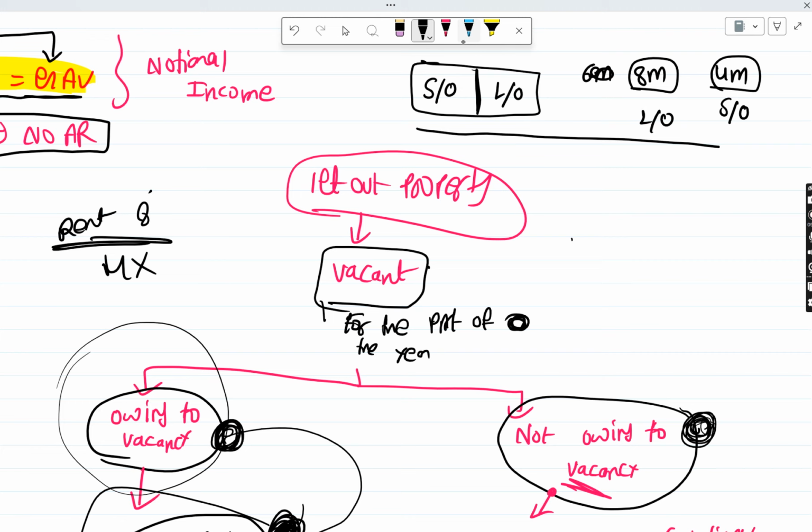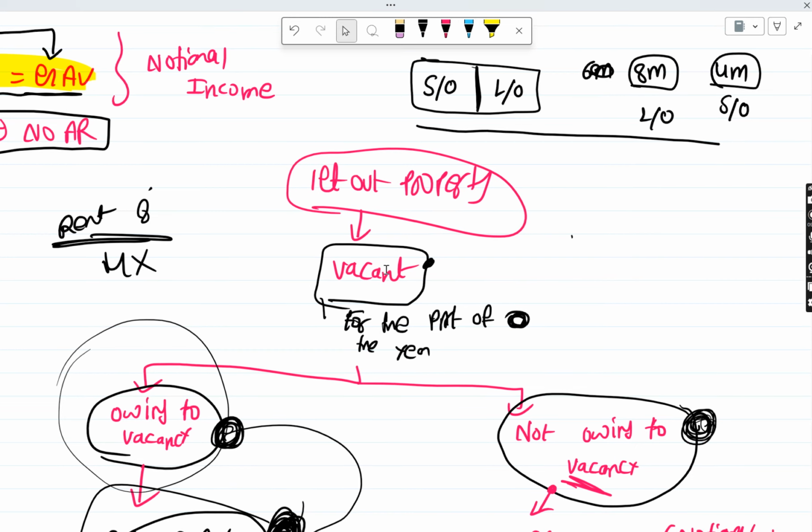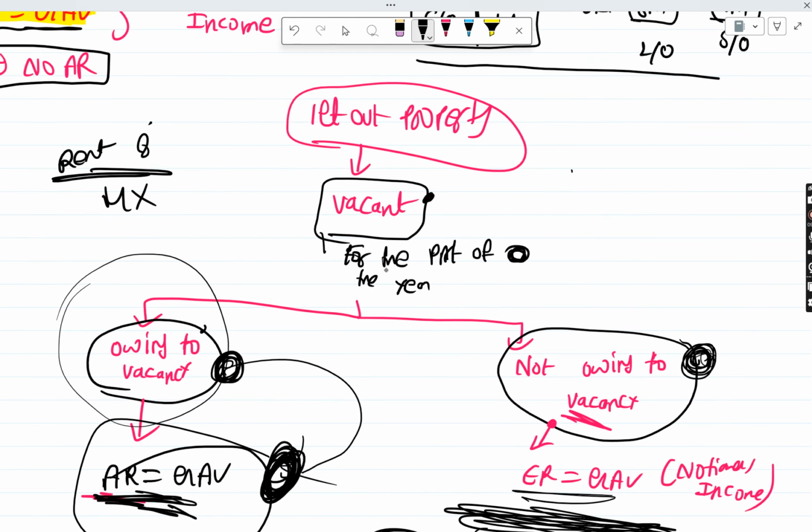Okay, but here if there is a vacancy, then we need to check whether it is owing to vacancy. That means the tenant vacated, and then to find a new tenant it took 2 or 3 months for us, right? It is because of the vacancy, there is nothing else. Not owing to vacancy means due to some other reasons, whatever the reasons are, they will mention in the question itself.